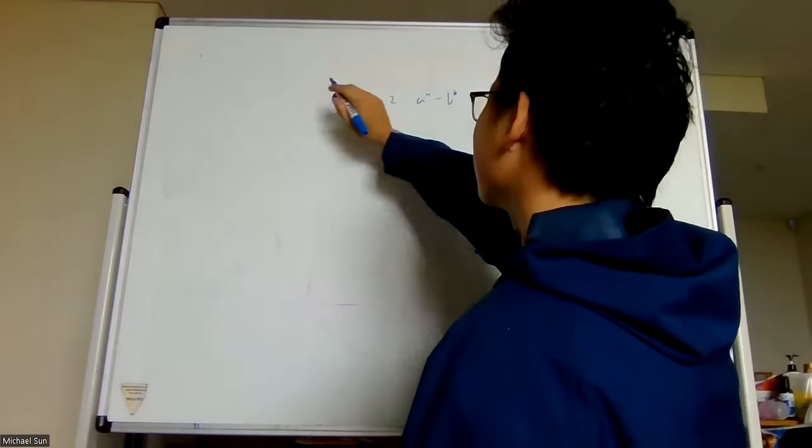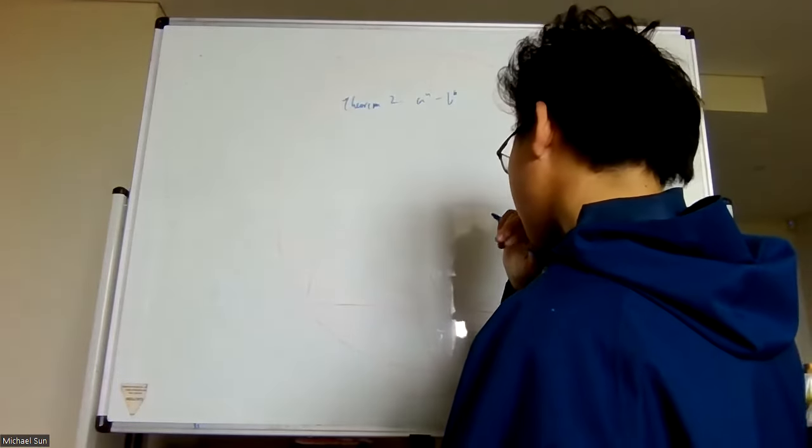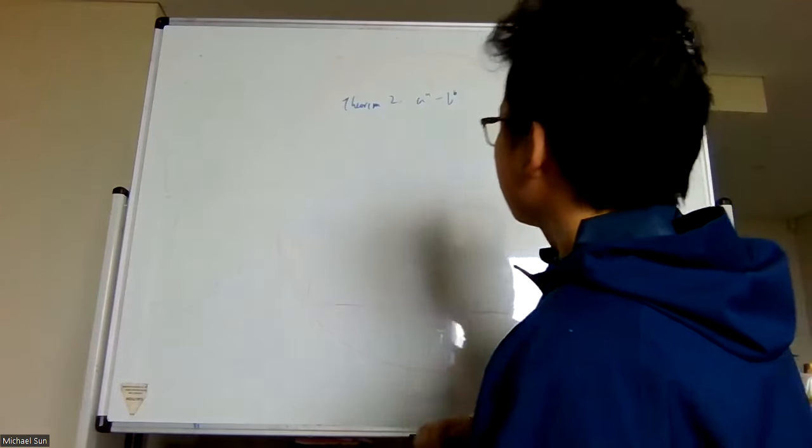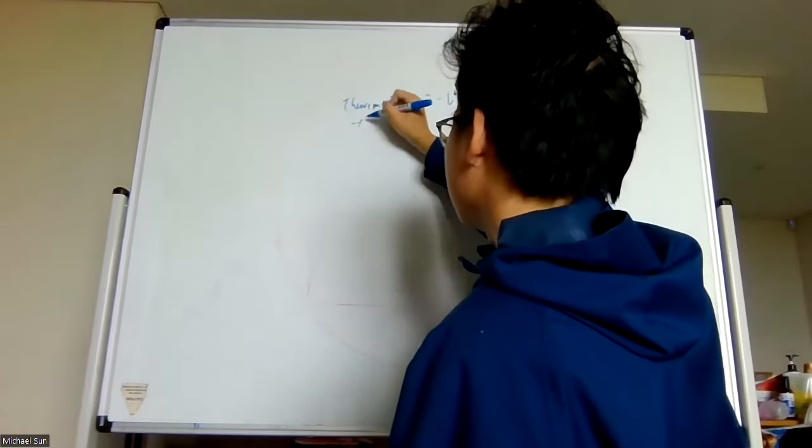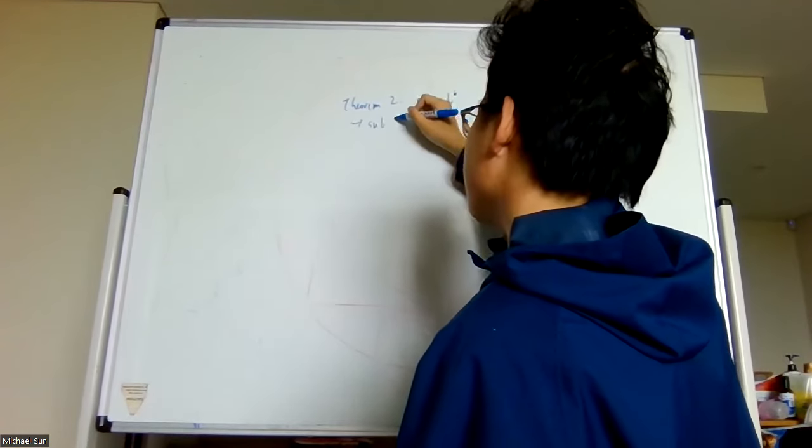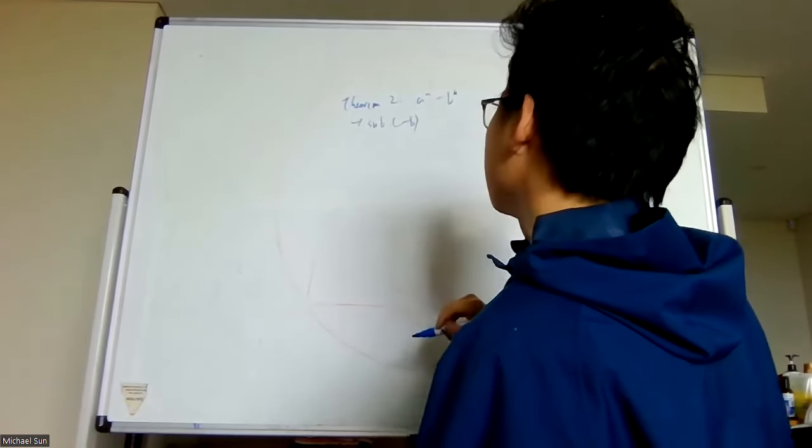We'll just do it here. Wait, no. We can do something. So again, we sub negative b.